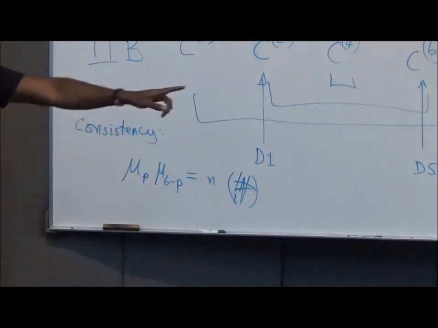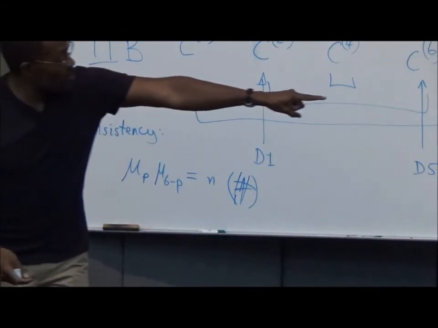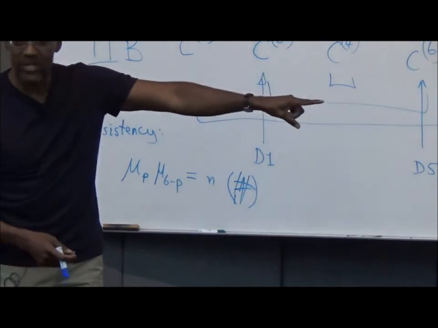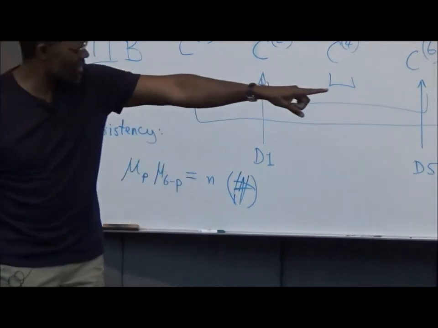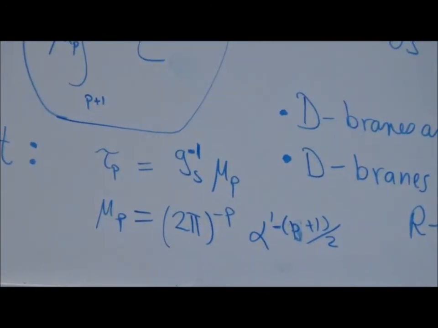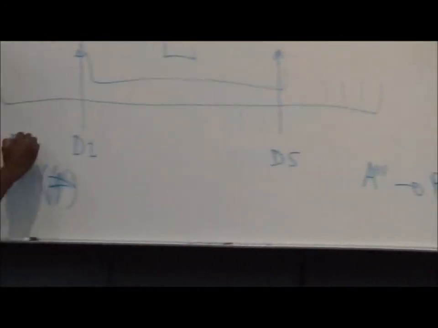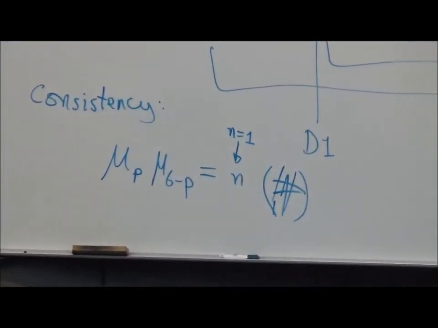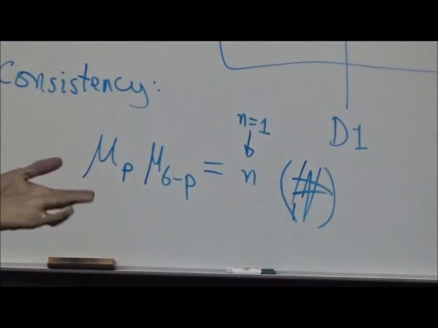If you do the computation, you put P equals P in there, and then put P equals 6 minus P in there, multiply those things together. You can kind of do it in your head, and what you'll get is this number with n equals 1. And why is n equals 1 important? It could have been any integer and we would have been happy.